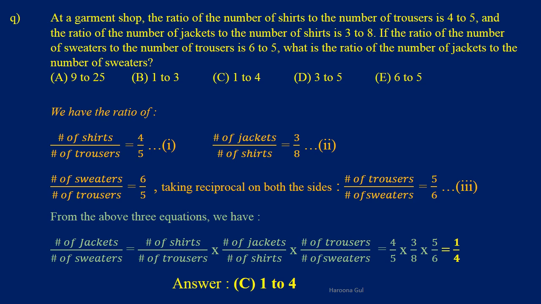So that we are left with the ratio of the number of jackets to the number of sweaters, right? So if we cancel out the extra ratios, we're going to get 1/4 as our answer, which is option number C, right?